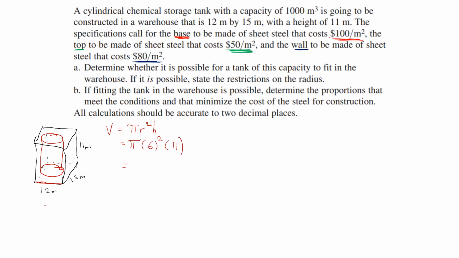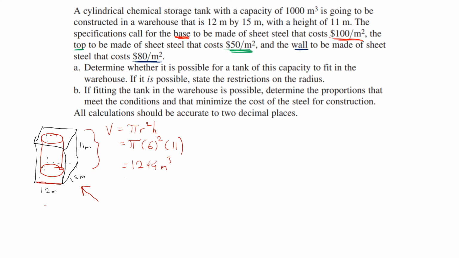So if I plug it in, what I'm going to get is 1244 meter cube as a value. So what this value represents, what I found is the volume max. So max volume I can have inside of this warehouse. If you realize, we counted H as 11 because that is the maximum capacity for height.